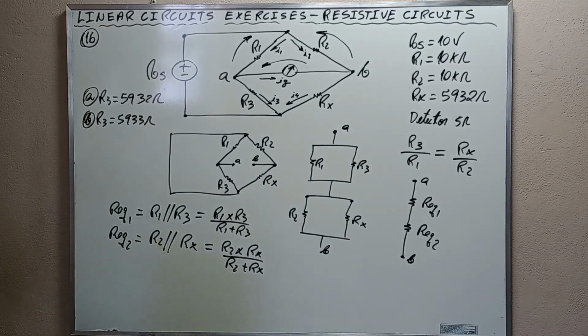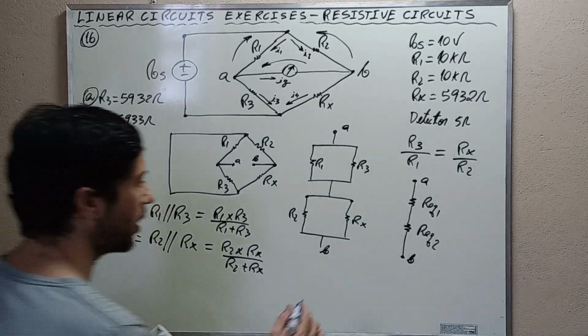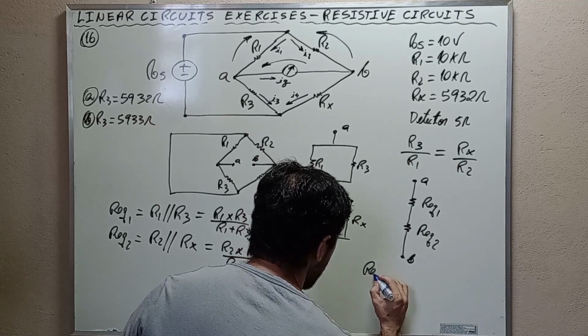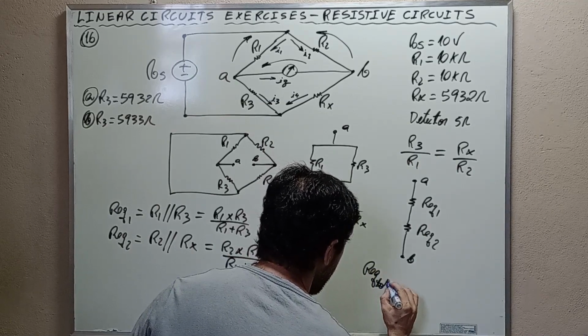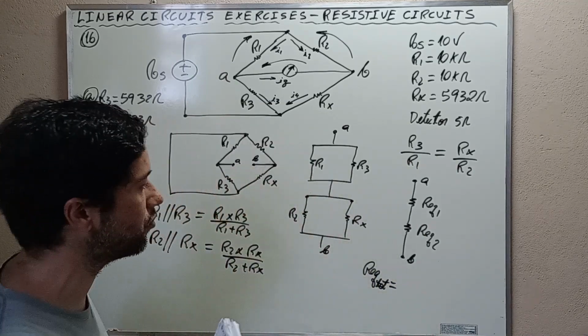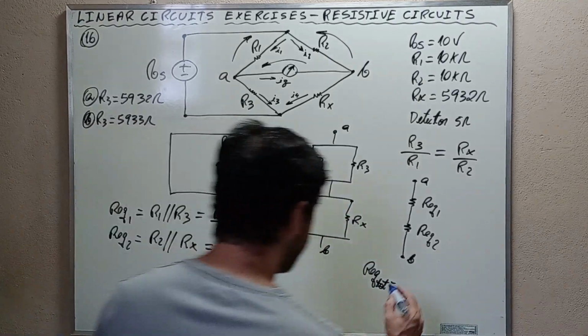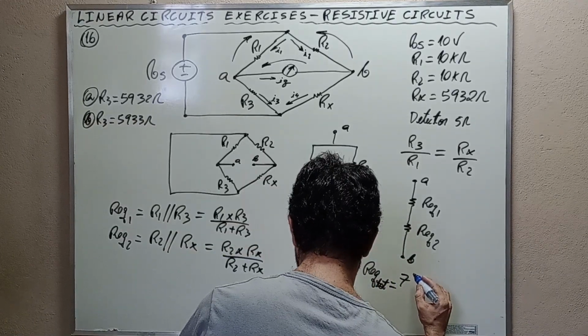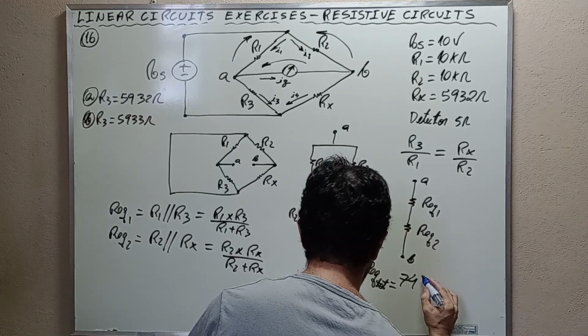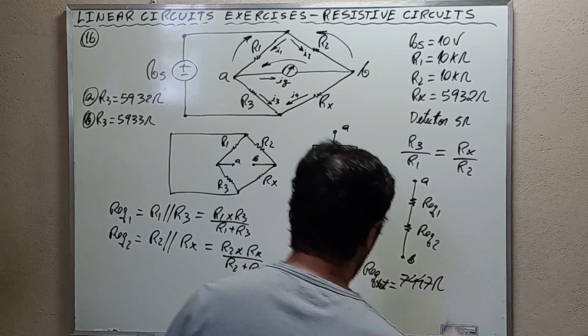And in this way we are going to have a total equivalent resistance, which is the series connection between these two, and this is 7,447 ohms.